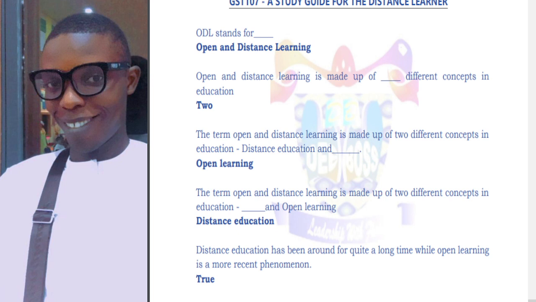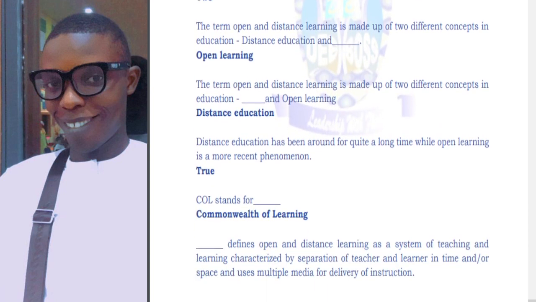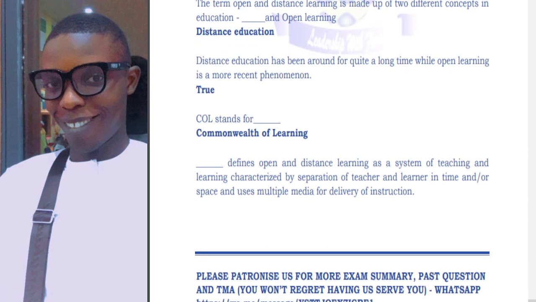The term open and distance learning is made up of two different concepts as you have seen earlier. The first one is distance education. The second one is open learning. With time, we're going to look at both of them. Distance education has been around for quite a long time, while open and distance learning is more of a recent phenomenon.